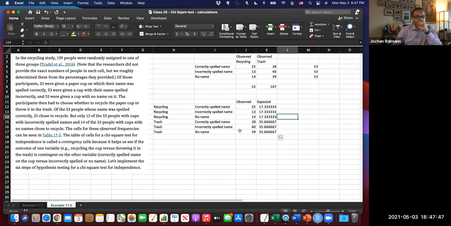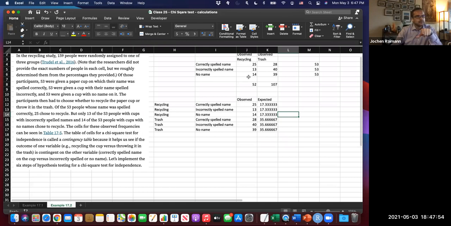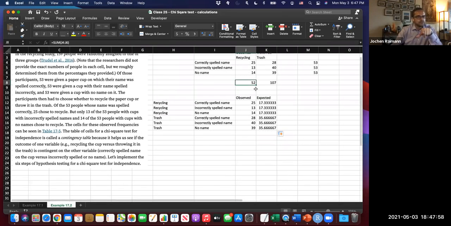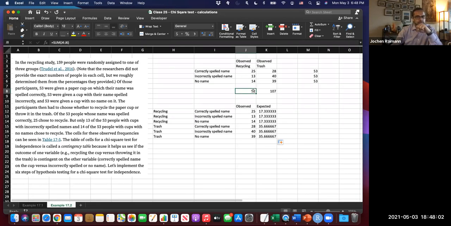Is that clear why that is the case? So we essentially do nothing else but balancing amongst our group. We have 52 randomly sampled individuals who have taken their cup and recycled it. 107 have trashed it. If this were balanced between our 3 groups, we essentially would have seen this number.